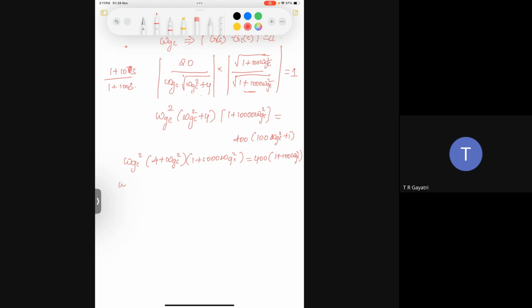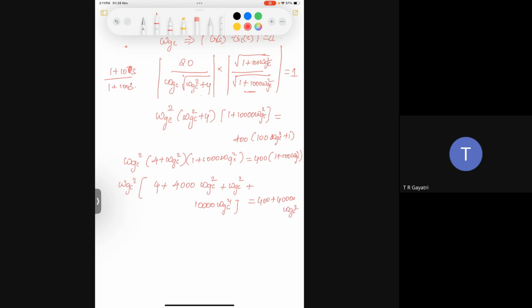We do this omega GC square into 4 plus 4,000 omega GC square plus omega GC square plus 10,000 omega GC power 4 equal to 400 plus 40,000. Oh, this is 4,000, this is 40,000.